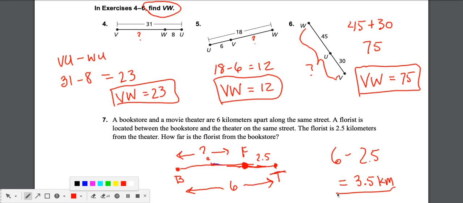Use kilometers when that's what they're talking about. And so from B to F, possibly 3.5 is how you would maybe label that. All right. With that said, that concludes our answer key to the 8-2 homework workbook page.